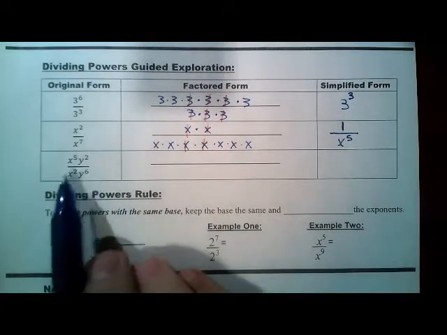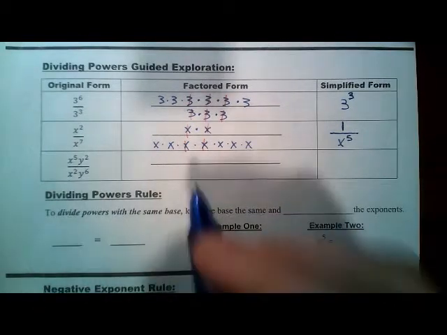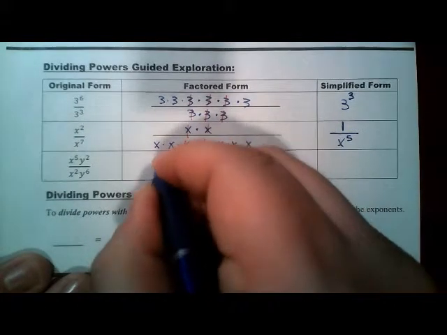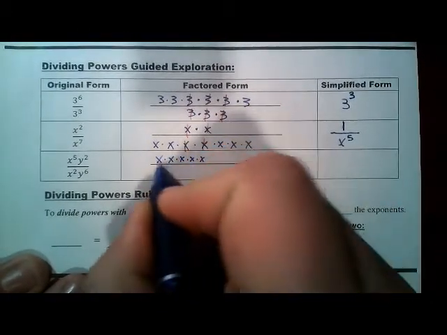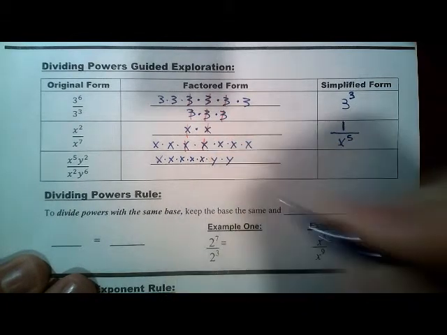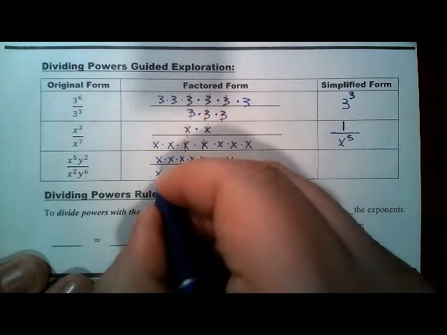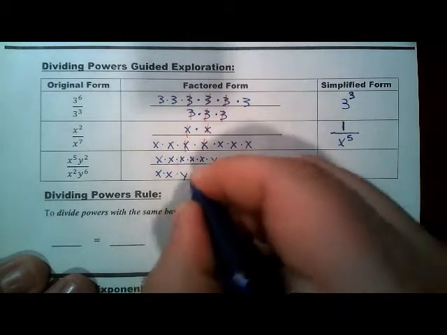Same is true if we have an original problem given with multiple variables. I can write it out in factored form. That's x to the 5th times y squared, and then x squared times y to the 6th.